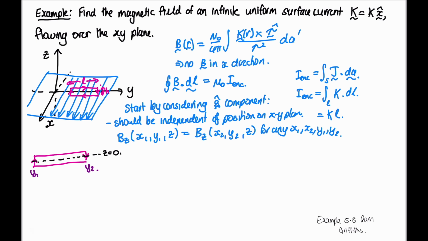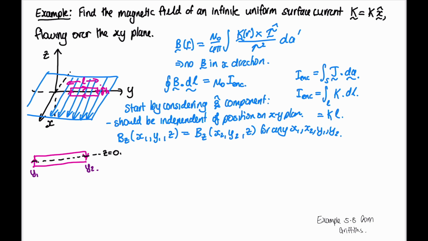So we can argue that this component must cancel out that component, and the same on the other side of the z-axis. This B must be equal to that B, and here the dL is going down, and here the dL is going up, so they must cancel each other out.